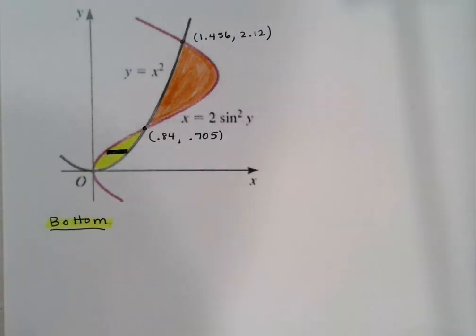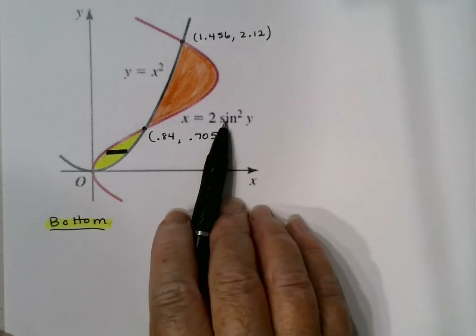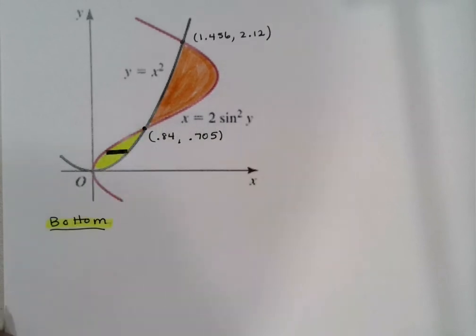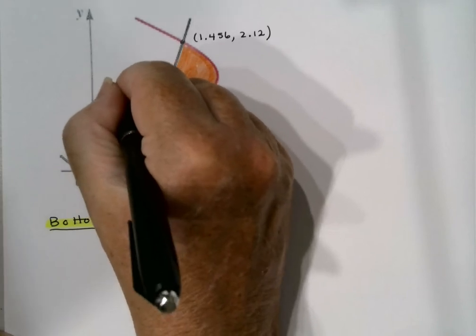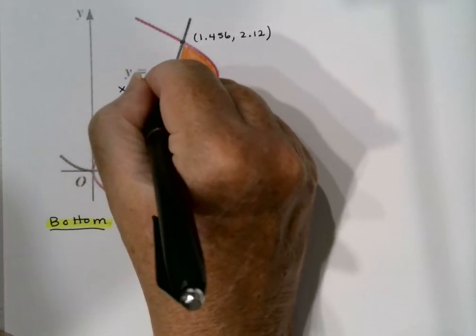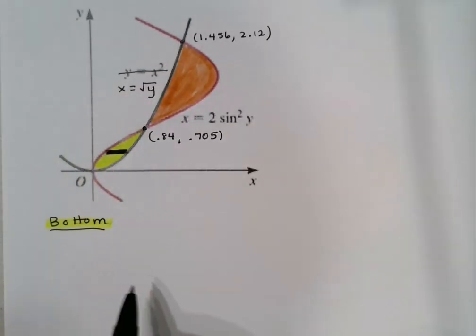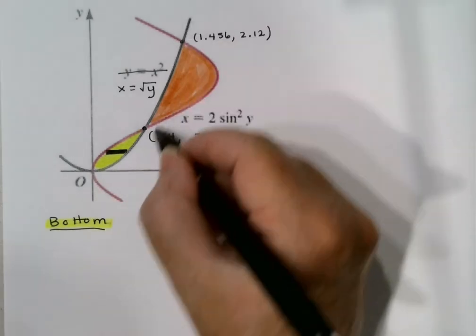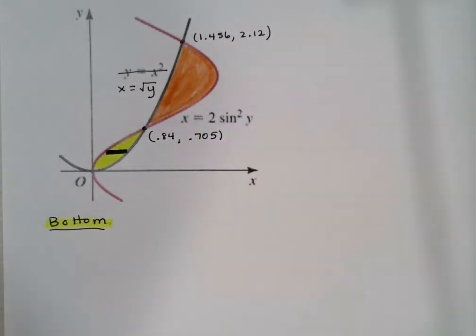Before I go any further, I notice that this one is already solved for x, so that's great. This one, however, is not. So instead of y equals x squared, I'm going to go with x equals the square root of y. Technically that's a plus or minus, but I'm only in the positive x values, in the first quadrant, so I took the positive square root.